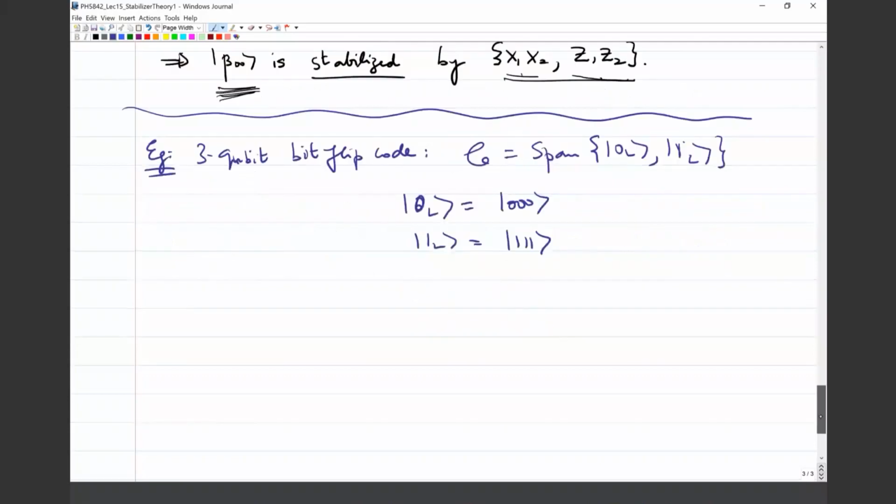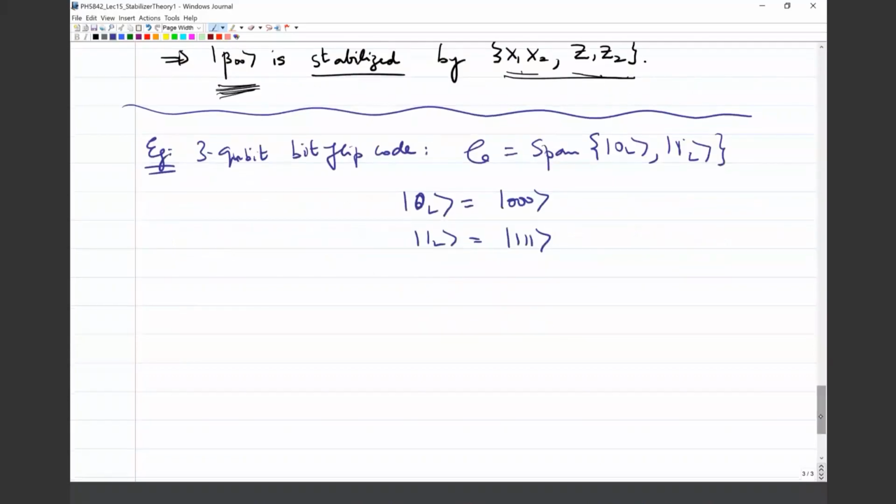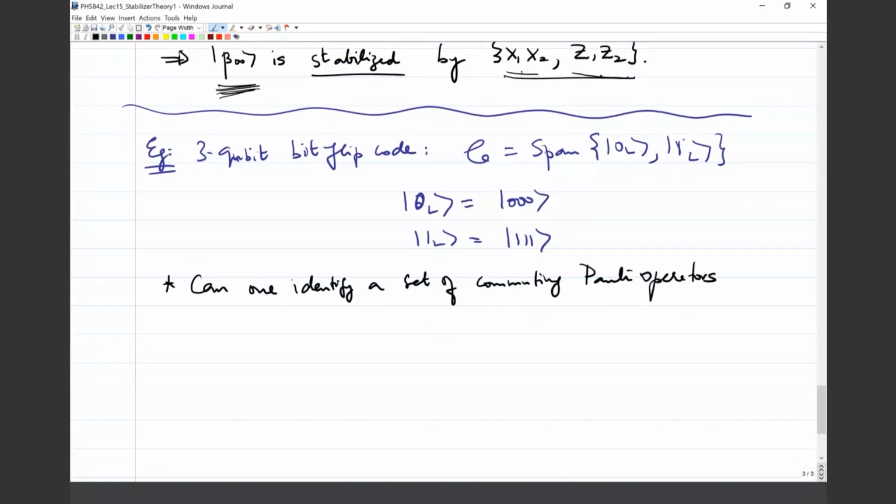So now I can go back and ask, can I identify a set of commuting Pauli operators that stabilizes this code space?